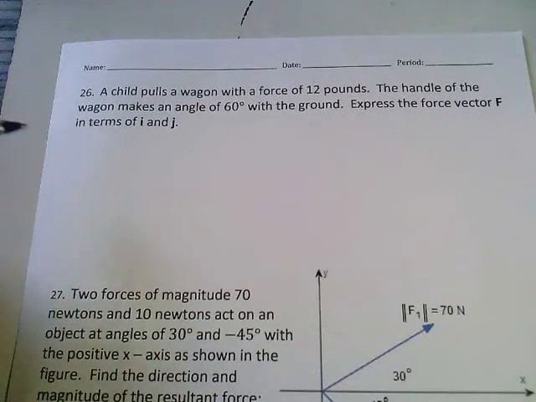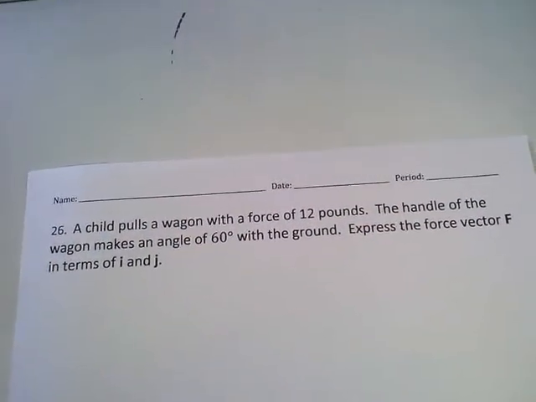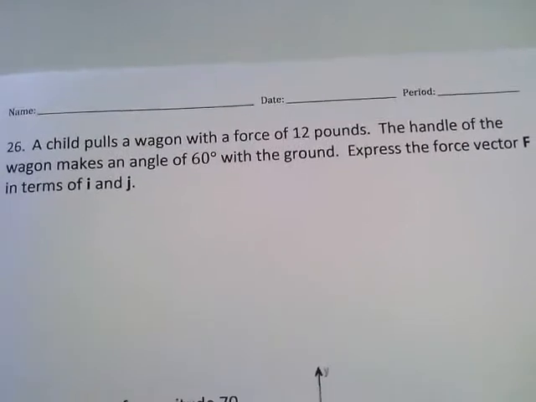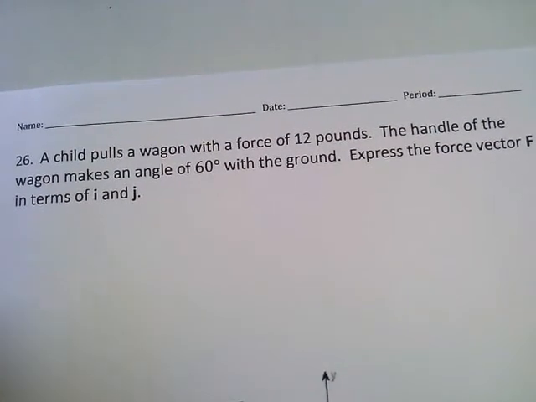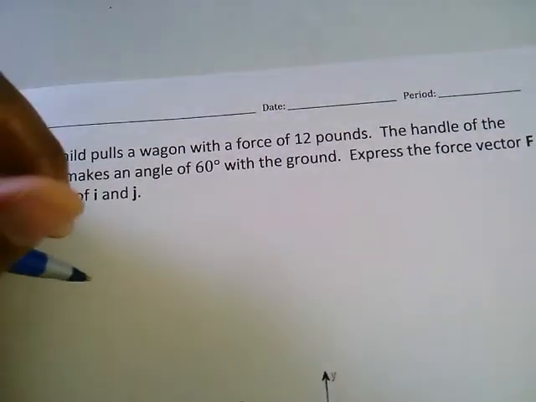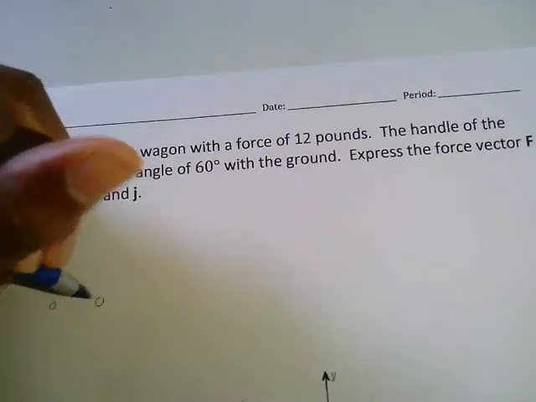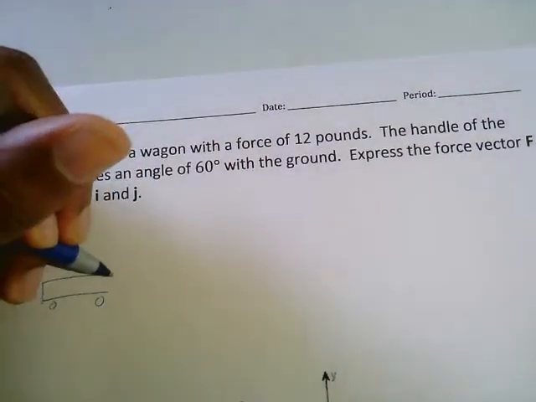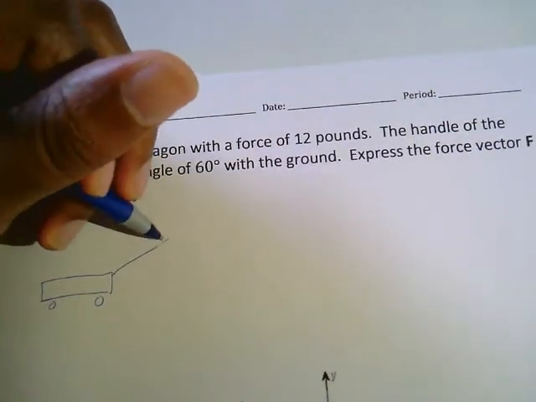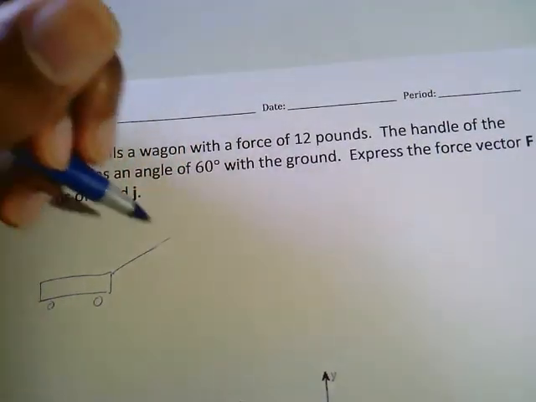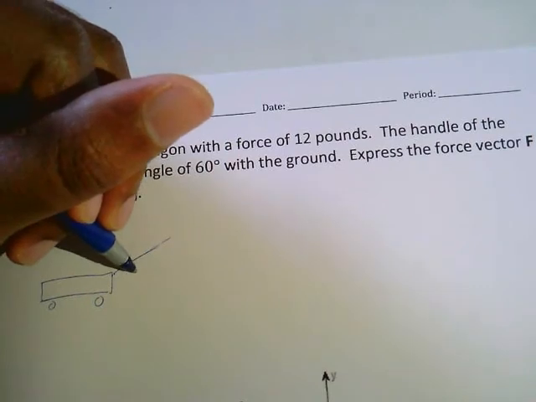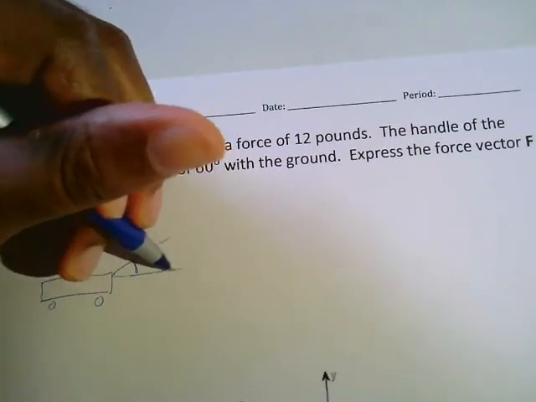All right, so now looking at some of our application problems, it says a child pulls a wagon with a force of 12 pounds. The handle of the wagon makes an angle of 60 degrees with the ground. Express the force vector F in terms of I and J. So you have some wagon that's being pulled by a child that makes an angle of 60 degrees with the ground.